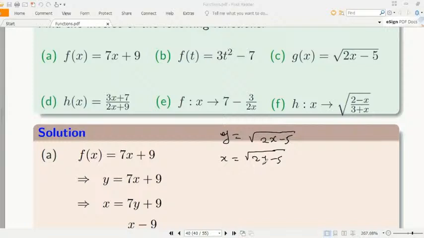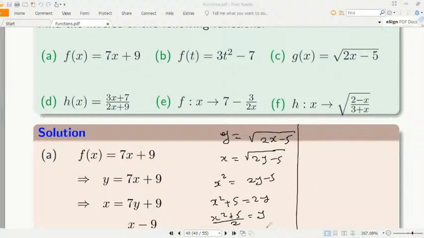And then you make y the subject of the formula. This one is under the square root, so that means you square both sides. When you square both sides, this will equal 2y minus 5, or x squared plus 5 is 2y, or y is x squared plus 5 over 2.